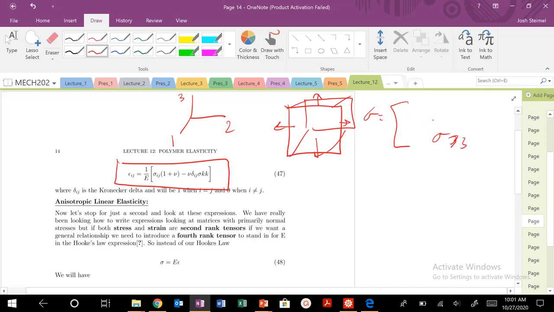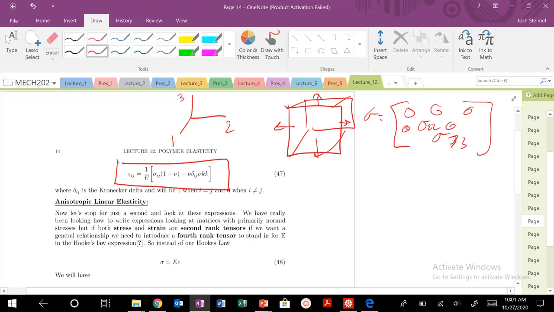I have my stress in the 2, 2, and this is 0. I'm also going to have strain. Actually, we'll deal with that a little bit later on.